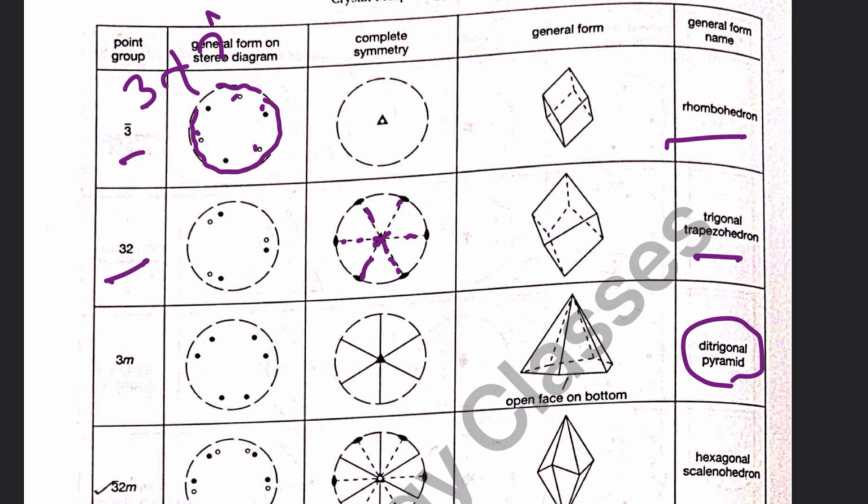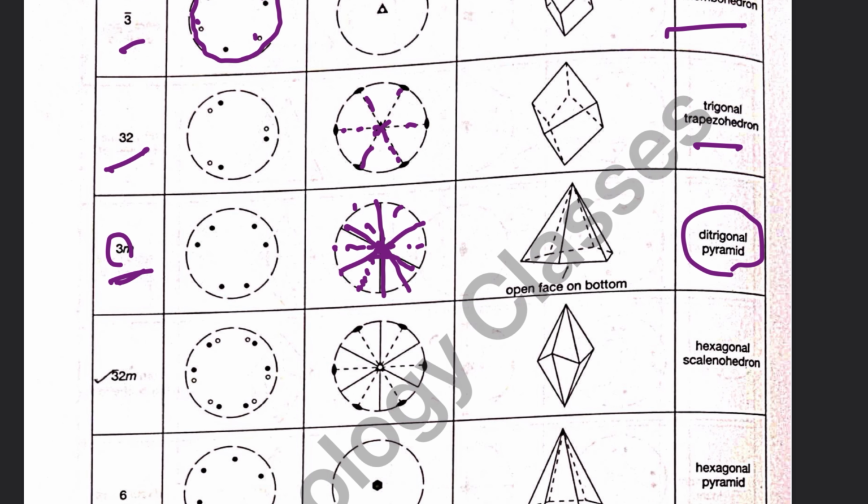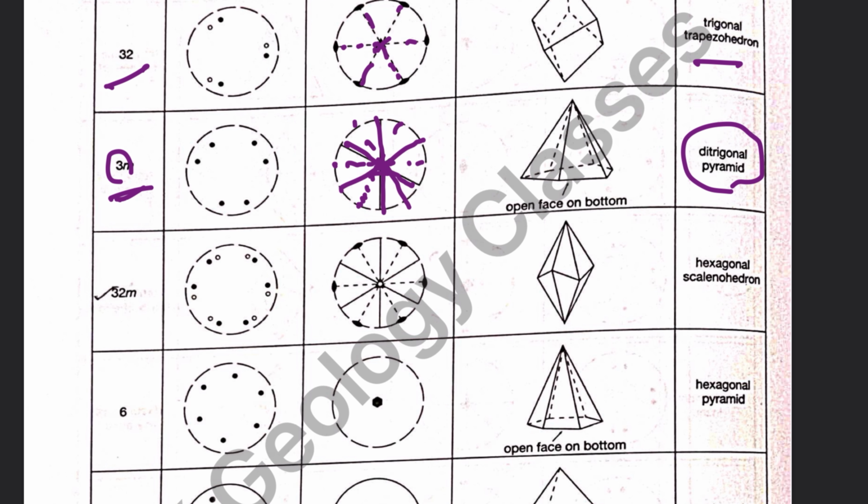Then 3m, it is ditrigonal pyramidal class, 1 axis of 3-fold and 3 mirror planes perpendicular to the axis. This is the axis. So this is mirror plane perpendicular to it. This is the axis. This plane is perpendicular to it. This is the axis. This is perpendicular to. So three mirror planes perpendicular to the three crystallographic axes.